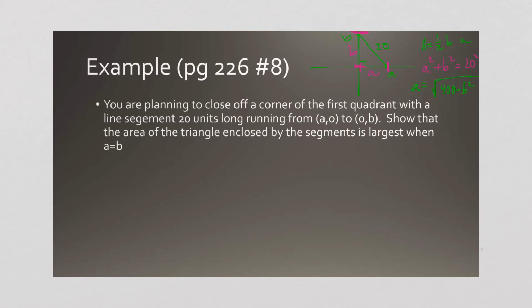If I subtract my b squared to the other side, take the square root, then I get a. So the area equals 1/2 times the square root of 400 minus b squared times b.